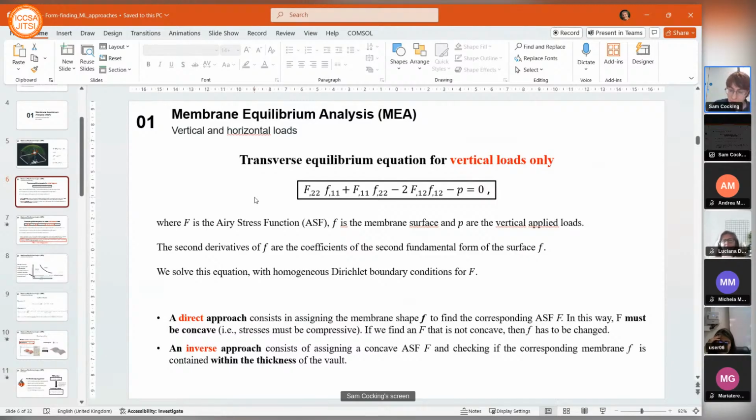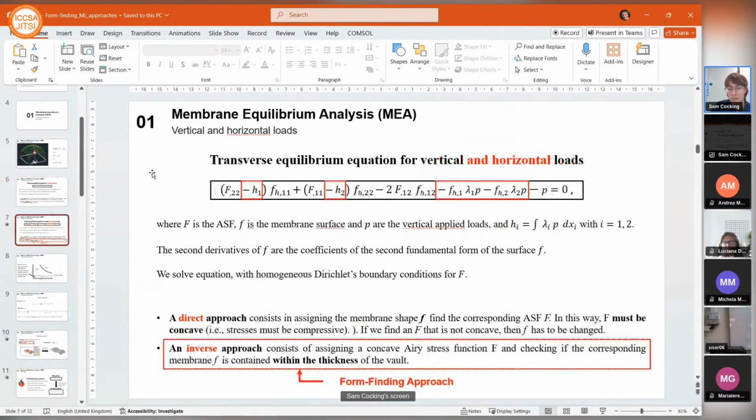And we can solve this equation using Dirichlet boundary conditions for F, and those will often be a convenient type of boundary condition to use because we'll have some input geometry that comes from an architect's sketch, and we can choose the boundary conditions from the sketch to control the problem.